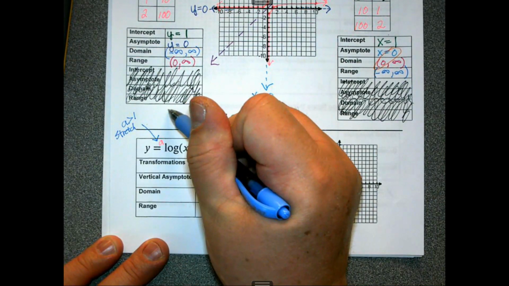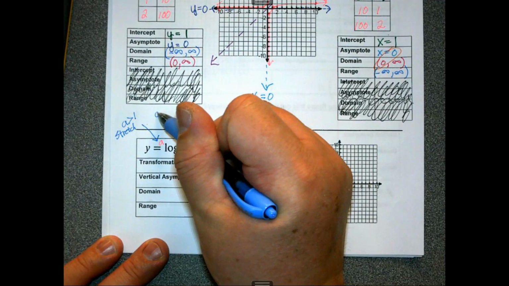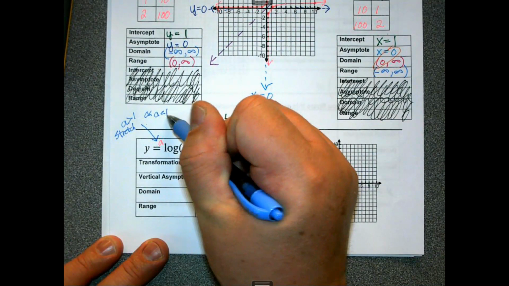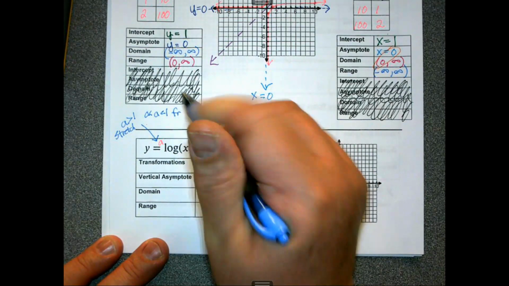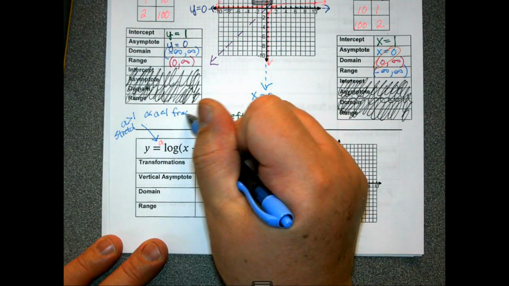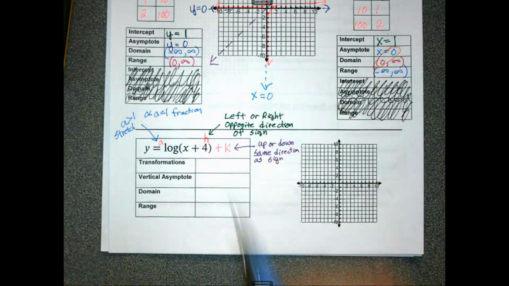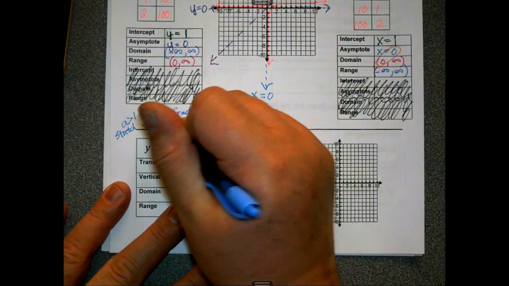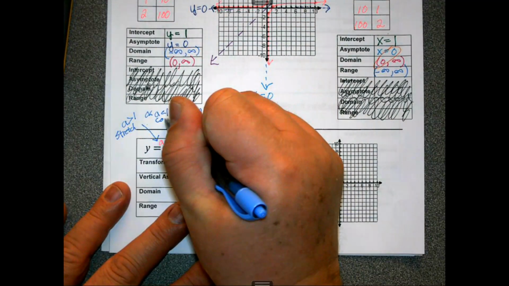If my A is between 0 and 1, or a fraction, like 1/2, 3/4, but not an improper fraction like 5/3, because that would be greater than 1, right? It's going to compress.